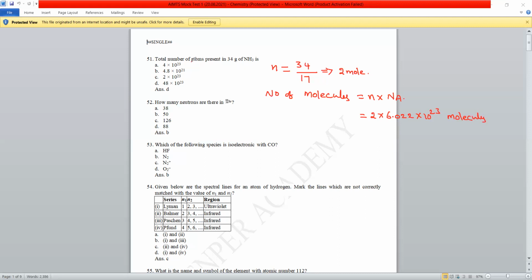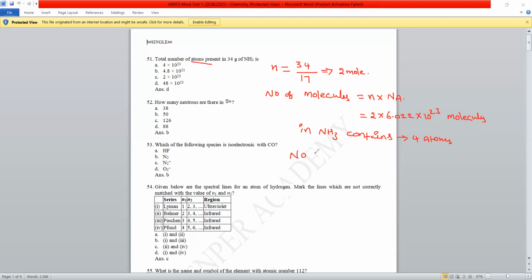But in the question they have asked for the number of atoms. As we know well, NH3 contains 4 atoms. So multiplied with this 4, you will get the total number of atoms.